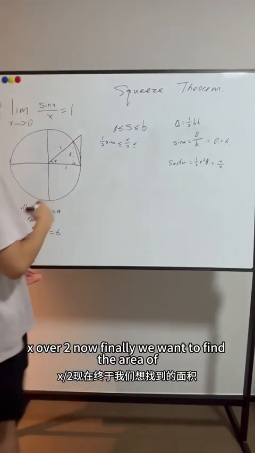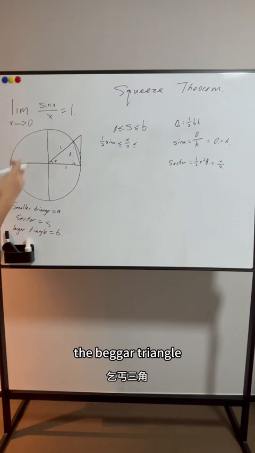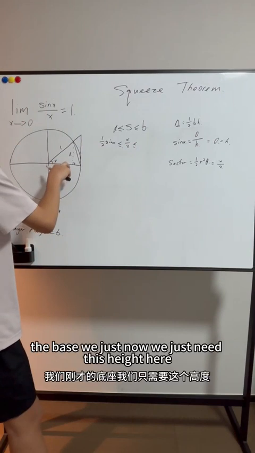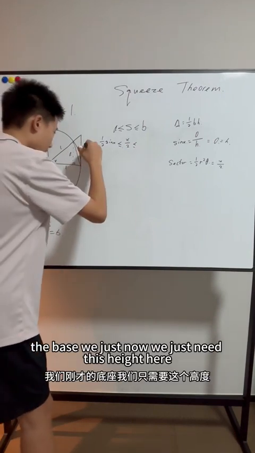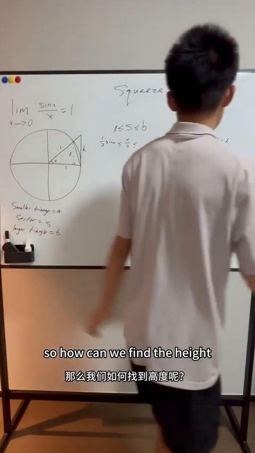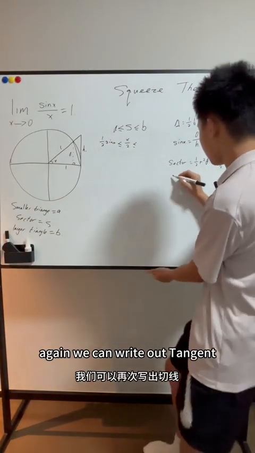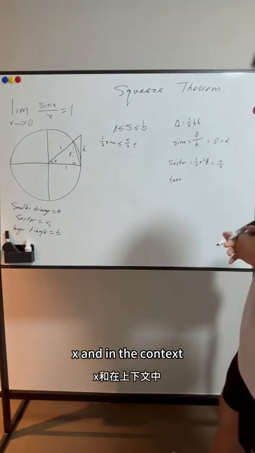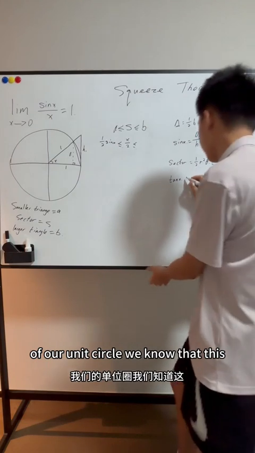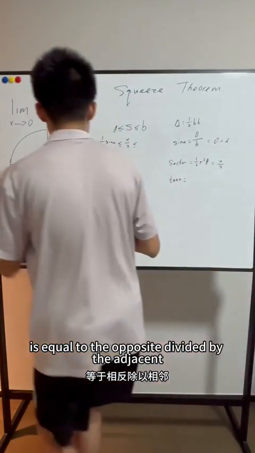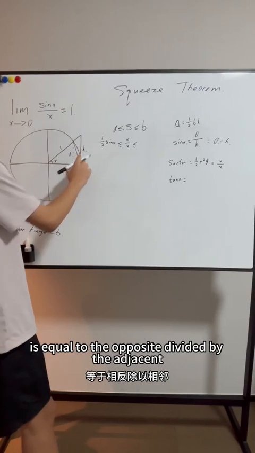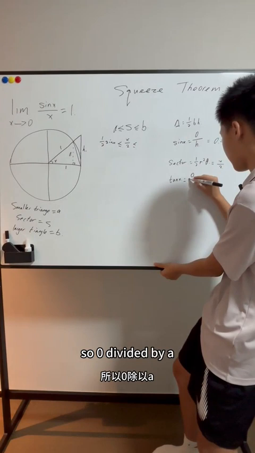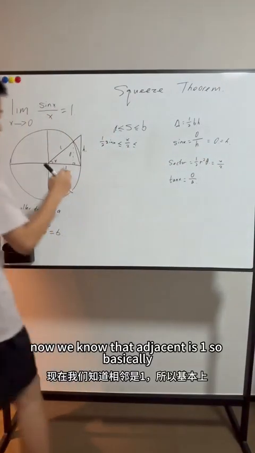Now finally, we want to find the area of the bigger triangle. Again, we already have the base. Now we just need this height here. How can we find the height? Again, we can write out tangent x. In the context of our unit circle, this is equal to the opposite divided by the adjacent, so O divided by A. We know that the adjacent is 1.